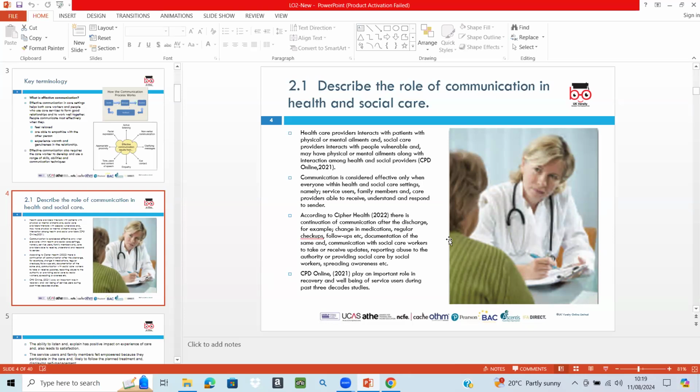So these are all important. We need to discuss everything properly so that the service user will understand what they have to do. If we are not able to describe everything properly, then it would be chaos and a problem for both the staff and the service users.